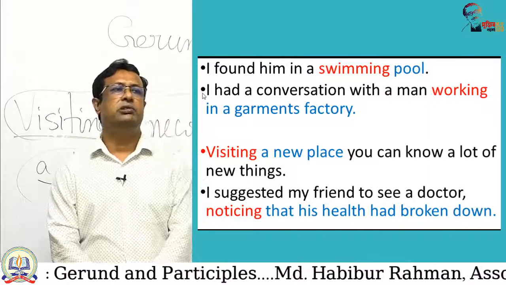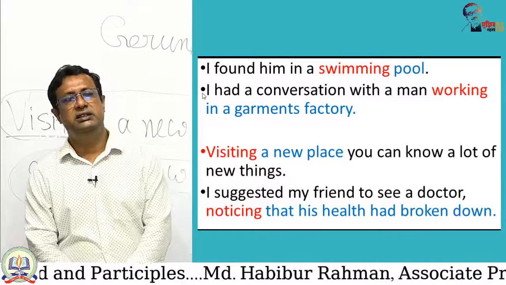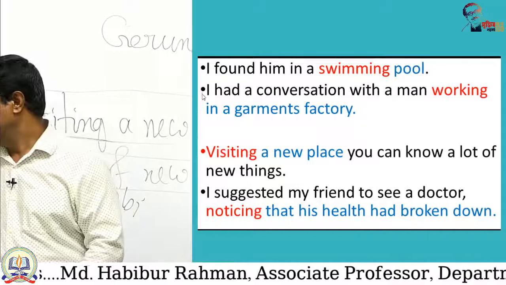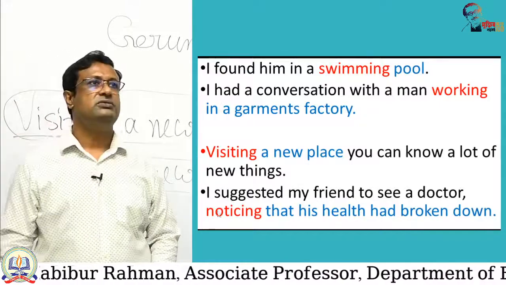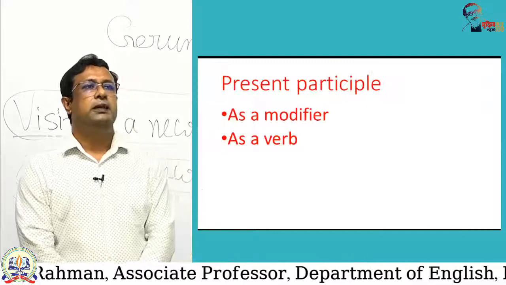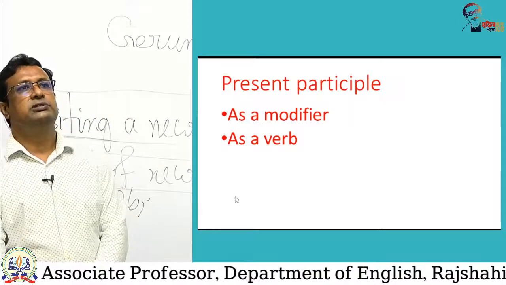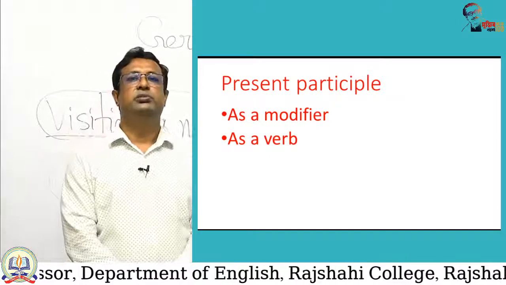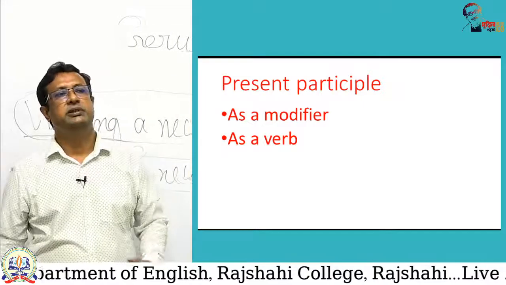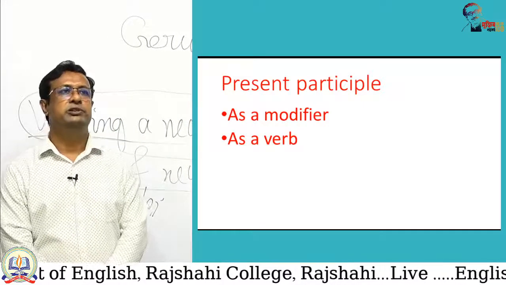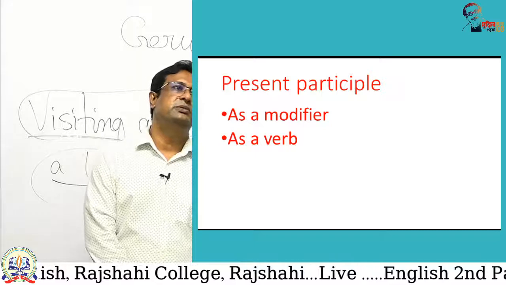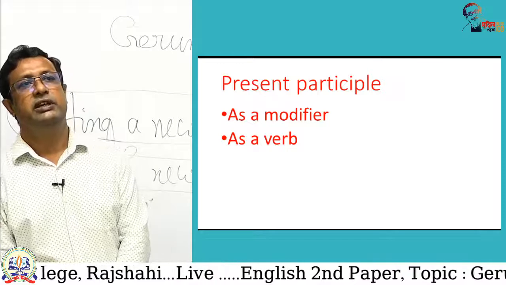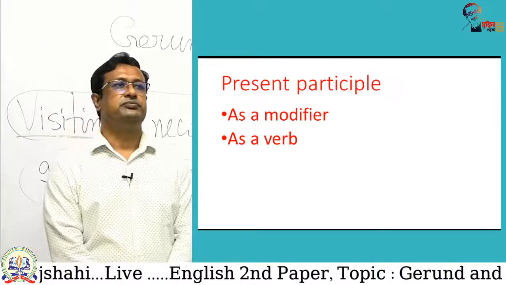So present participles help us to express anything in a shortcut way. This is quite necessary. So dear students, through these examples, we have seen that a present participle is used as a modifier. As a modifier, it may be a pre-modifier or post-modifier, and a present participle may be used as a verb, actually a non-finite verb. Okay.